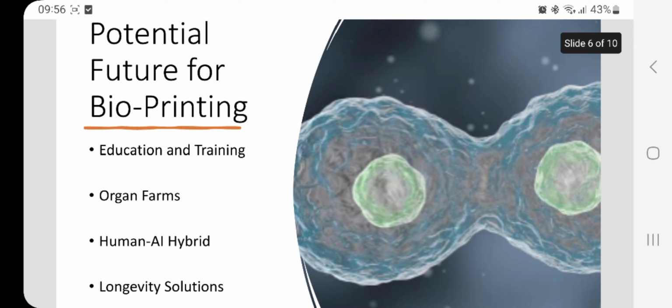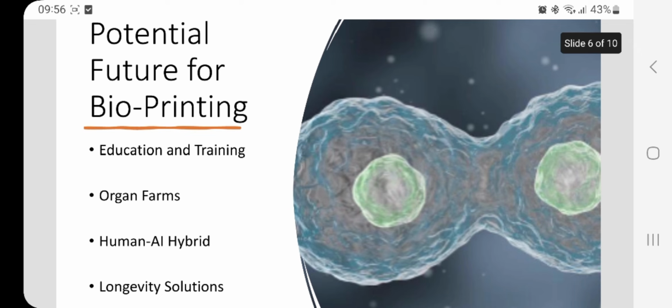The integration of bioprinting with artificial intelligence, AI, could lead to the development of human-AI hybrids. These hybrids might combine bioprinted tissue and organs with advanced AI technology, enhancing cognitive abilities.